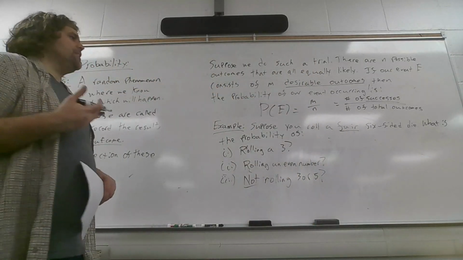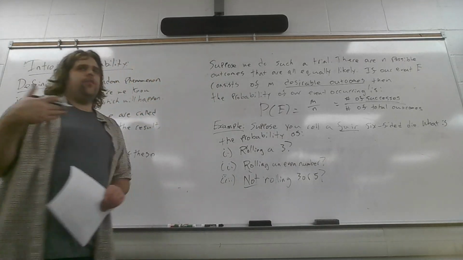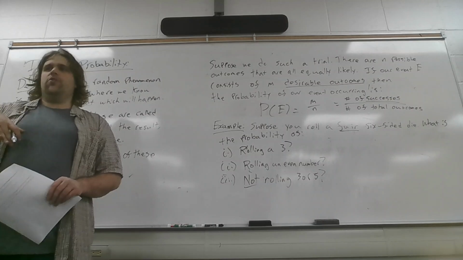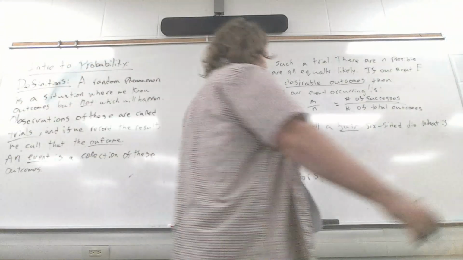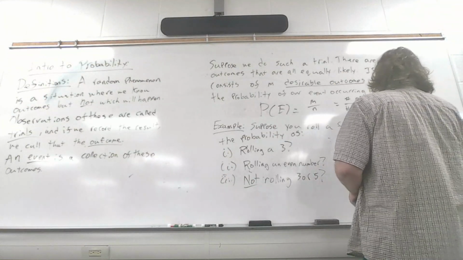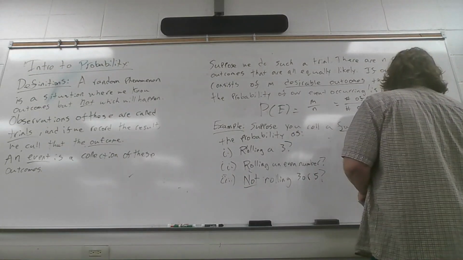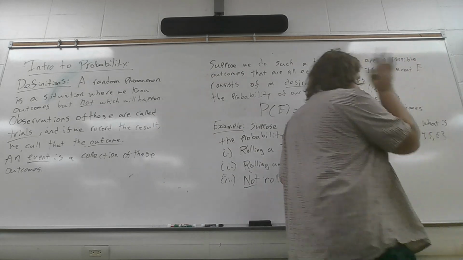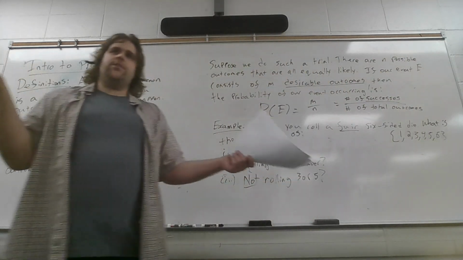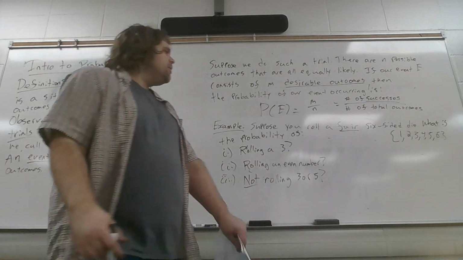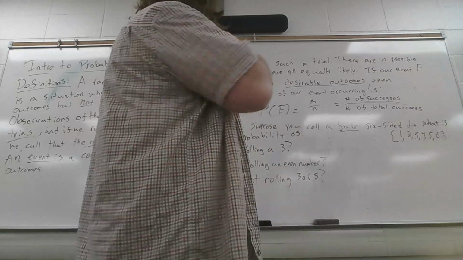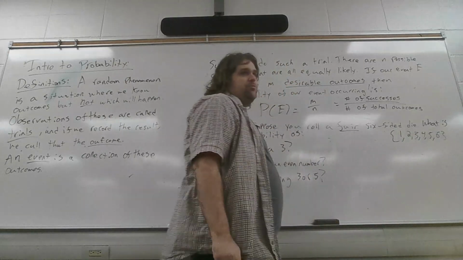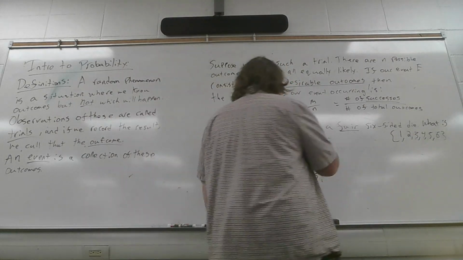So again, we're just asking ourselves, what is the total number of desirable outcomes over the total number of outcomes overall? So we look at our die. The following outcomes are possible: 1, 2, 3, 4, 5, or 6. That's what could come up if we roll a die and consider the trial a success. So rolling a 3, there's only one possible situation where we roll a 3.